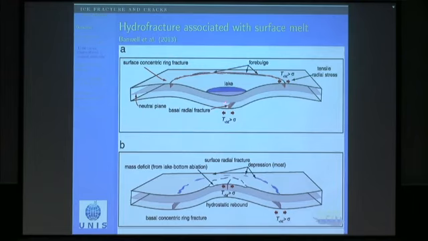And if these lakes drain, you'd get a hydrostatic rebound, which would cause a reverse loading and fracturing at the bottom of the ice shelf. And if you were able to drain one lake through hydrofracture, it could lead to a chain reaction drainage of neighboring lakes through these fracture sequences that in principle could explain the disintegration of the ice shelf.